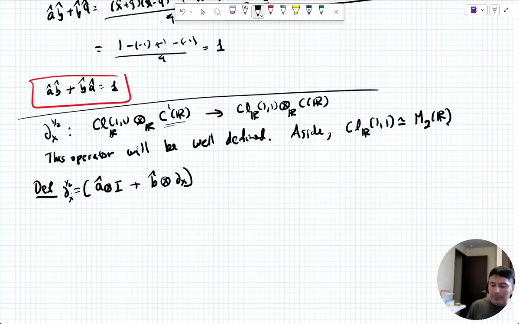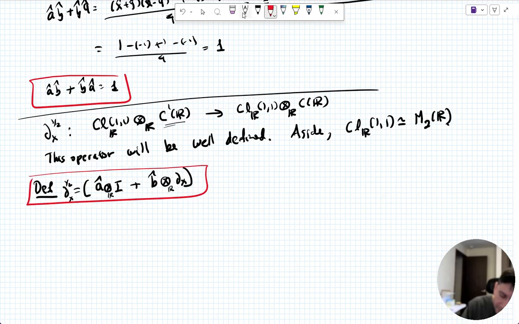Remember, we have a tensor product of algebras. The first operator acts on the first algebra, the second operator acts on the second algebra. So it's a well-defined operator, and this is over the real line, so over the real scalars. So this is going to be the definition.